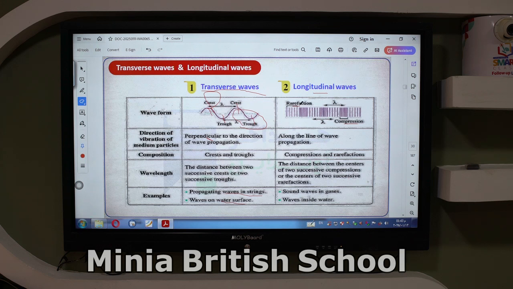The distance between any two rarefactions, or the centers of the rarefactions, or any two compressions, is called lambda, the wavelength. Examples of longitudinal waves are sound waves in gases and waves inside water.